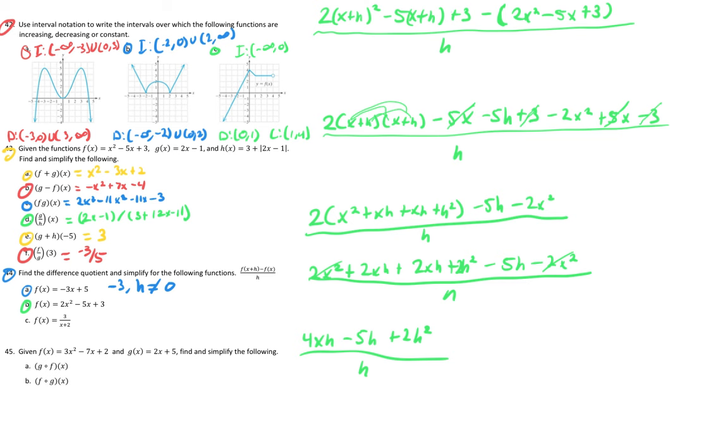We can factor out h from the top and the bottom. And then we can see that we can cancel those h's out. So we'll be left with 4x plus a little bit of rearranging plus 2h minus 5. But since we canceled out an h in the denominator, h cannot equal 0.